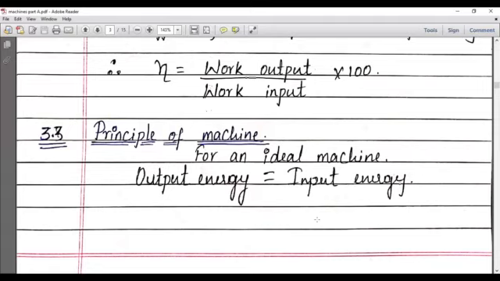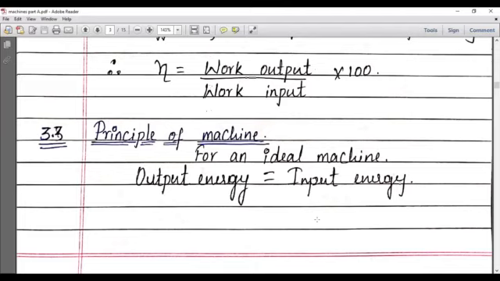Next one, the actual machine. In an actual machine, the output energy is always less than the input energy, whatever machines we are using. Why? Because of friction, wear and tear, heat, and resistive forces.